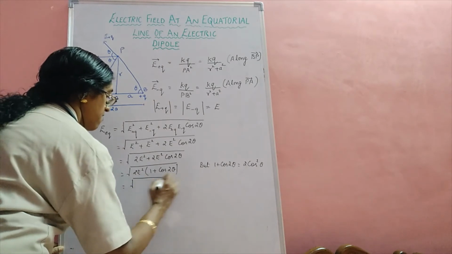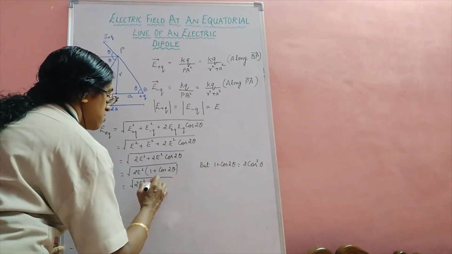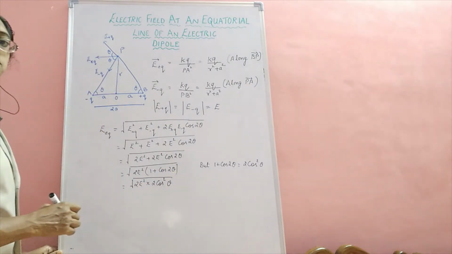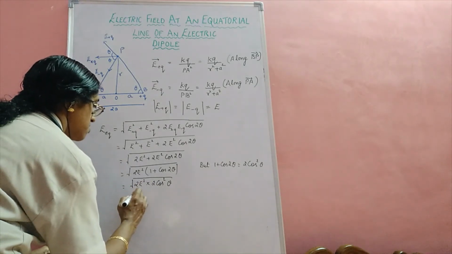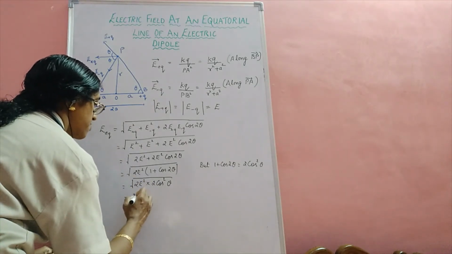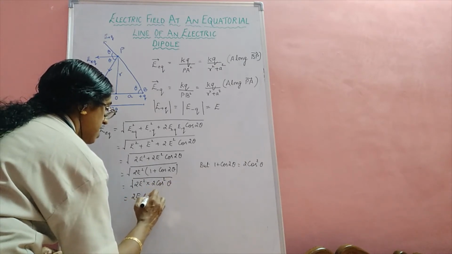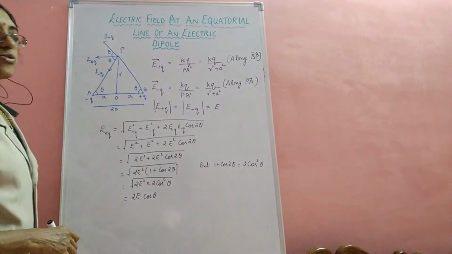Under root of 2E square into 2 cos square theta. Right? Which can be written as 2 and 2, so I'll take out 2. It would be E cos theta. So, this is E equatorial.